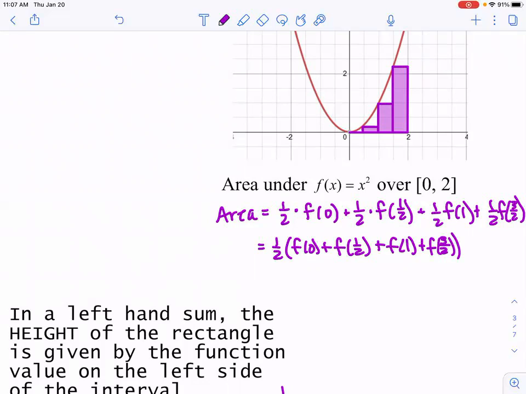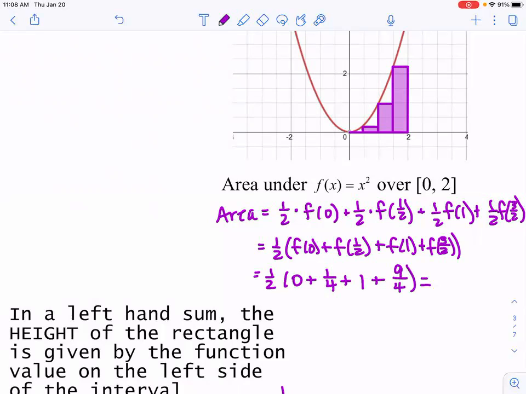Now, the y values are actually giving us the height of those rectangles. So whatever your equation is, you need to plug these x values into the function. So we have 0 squared plus 1/2 squared plus 1 squared plus 3/2 squared.